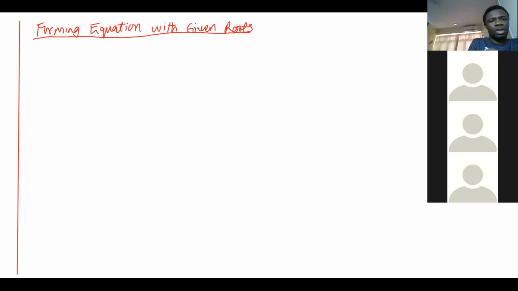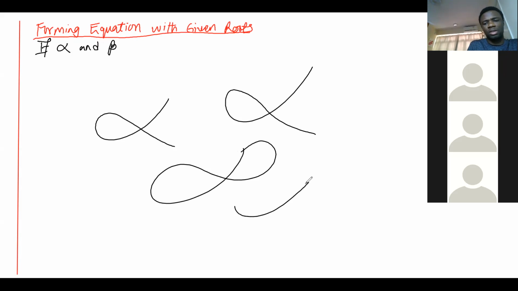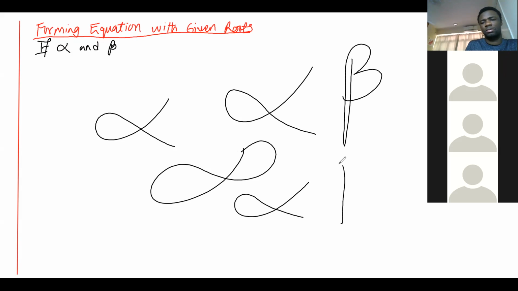Now, if alpha and beta, these are Greek letters, okay? This is alpha, so take note. Beta is like this, okay? They are Greek letters.